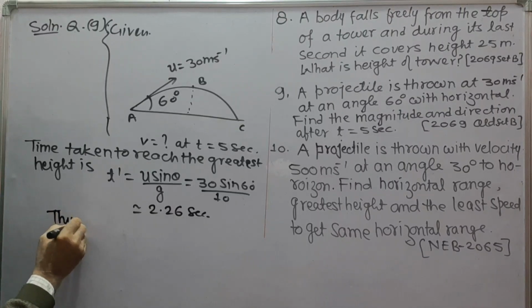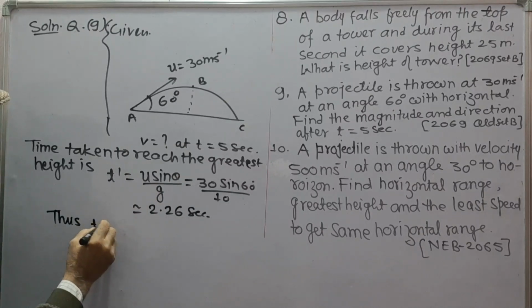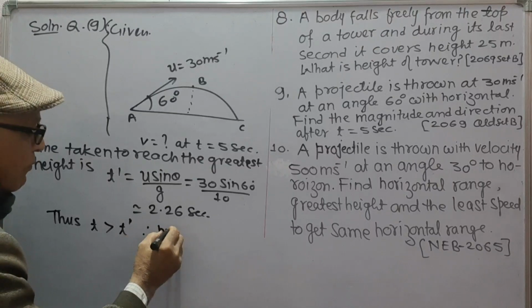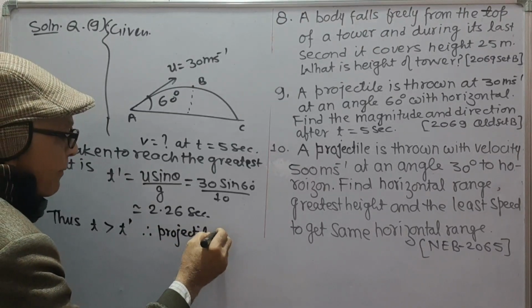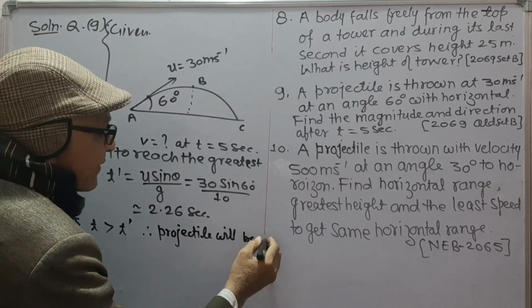Thus, given t is greater than t dash, hence projectile will be falling down.